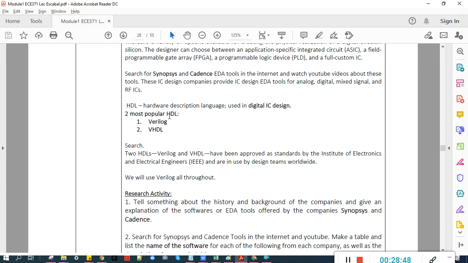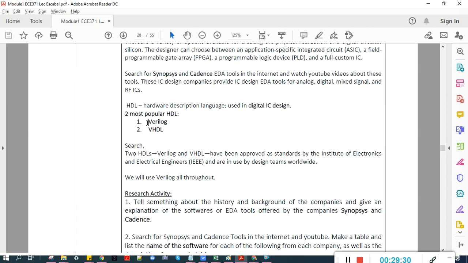And the two most popular HDLs are Verilog and VHDL. You can use either of the two. Some companies use VHDL, some use Verilog. They compared Verilog to the C language because it is much easier and less formal in declaring; the syntax is similar to C language.